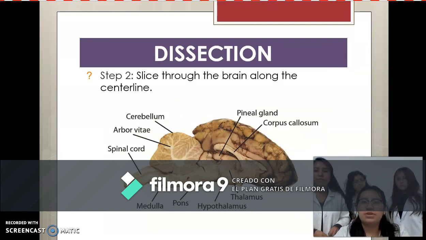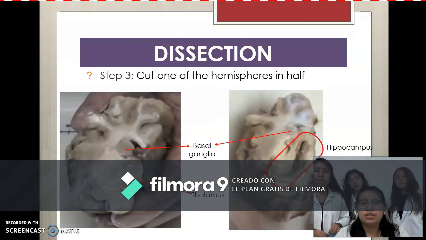And then we are going to slice through the brain along the center line and show some inner structures. And last but not least, we're going to do a transversal cut and show other inner structures that cannot be shown with the previous step.